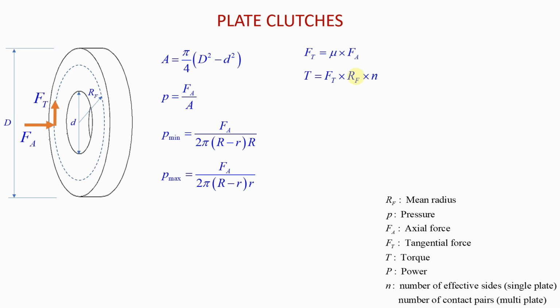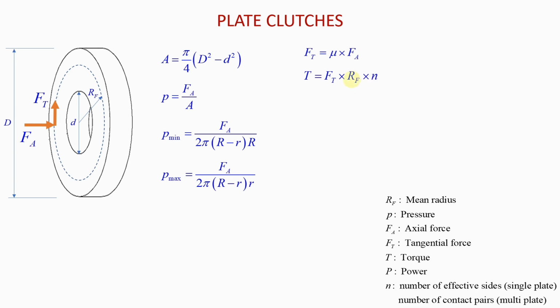But if you're dealing with a multi-plates clutch, then N in the equation for torque is equal to the number of contact pairs or the number of discs, because usually one disc will have a pair of contact surfaces, so the number of discs is equal to the number of contact pairs. I hope I am making myself clear.